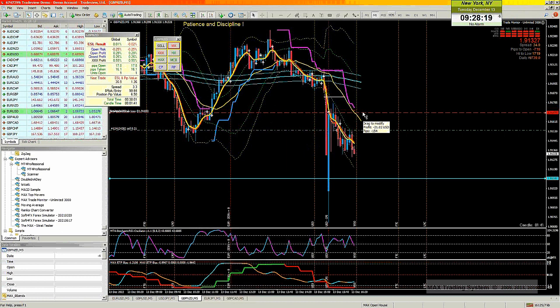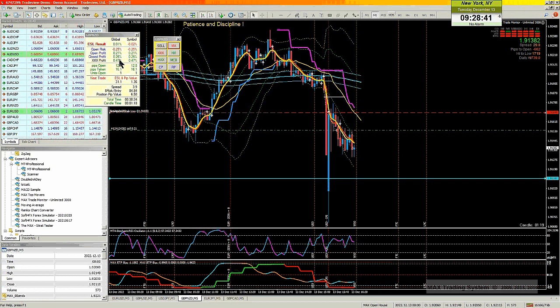Not yet. Sometimes it takes time to adjust the numbers. So these two numbers should be identical. The global number and the symbol number should be identical.